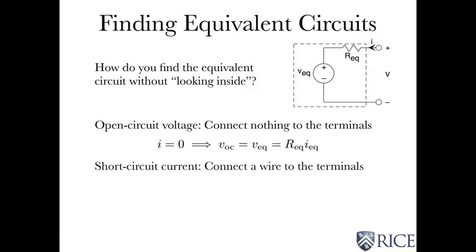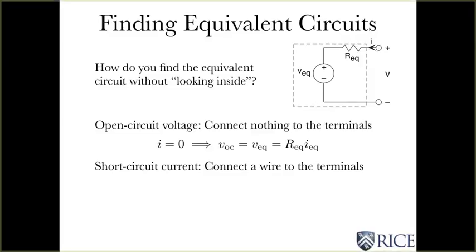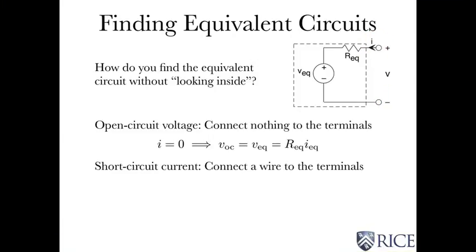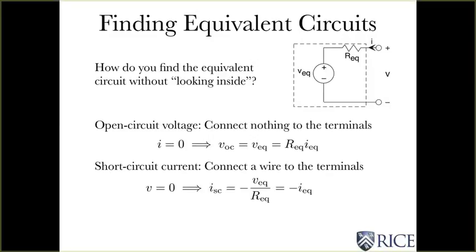Similarly, you can short circuit the current. What that means is that you put a short across these terminals. That sets the voltage to 0, of course, and then you measure the current. When you do that, if you look at this equivalent circuit, that short circuit current is just going to be minus VEQ over REQ, and that's the negative of the Meyer-Norton equivalent current source.